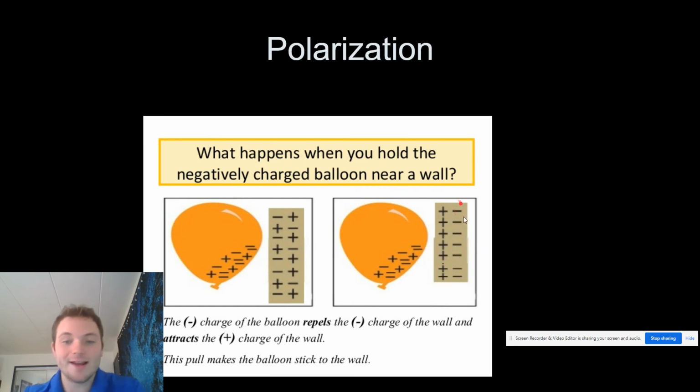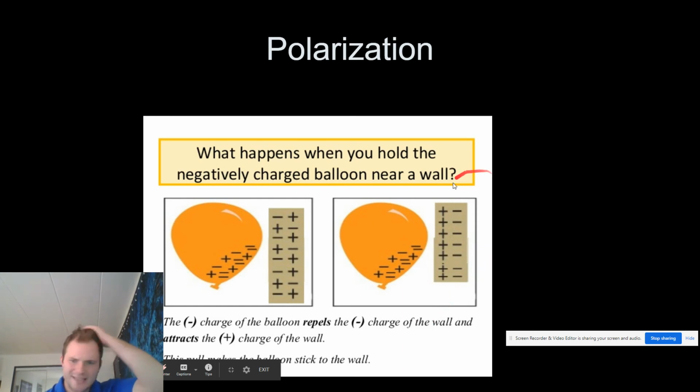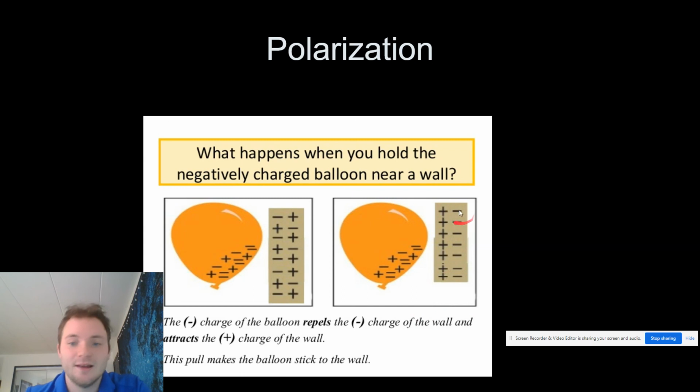So if we look at the right, the negatives all go to the right and the positives go to the left. Is this object on the right still neutral? Yes, it has the same amount of positives and negatives. But now this negative balloon gets attracted to these positives right here. So this balloon will still stick to the wall even though it's neutral.